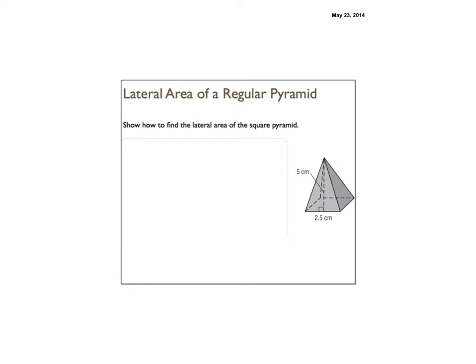All right, let's look at this next example. Again, we want to find the lateral area of this square pyramid. Our lateral area formula is the perimeter times the slant height divided by 2. Since we have a square pyramid, we know each of the sides is 2.5. So I'm going to take that 2.5 and multiply it by 4, and that will give me a perimeter of 10.